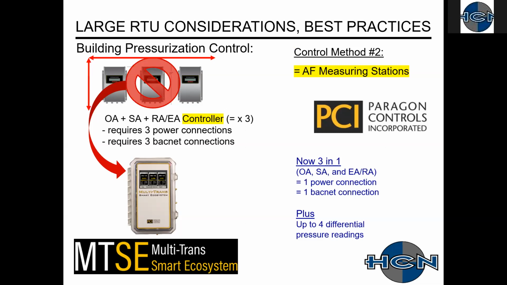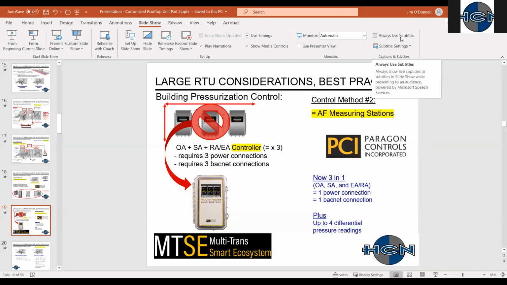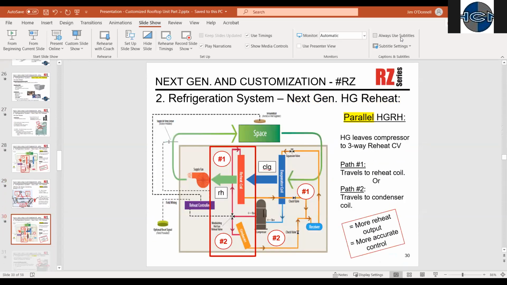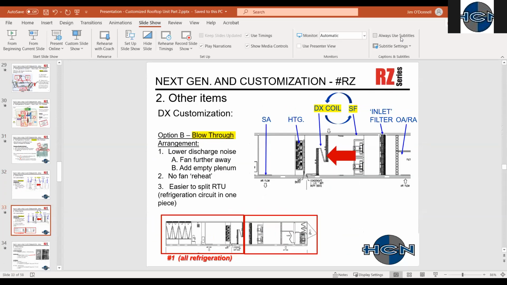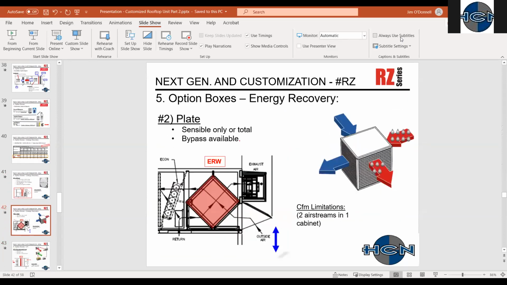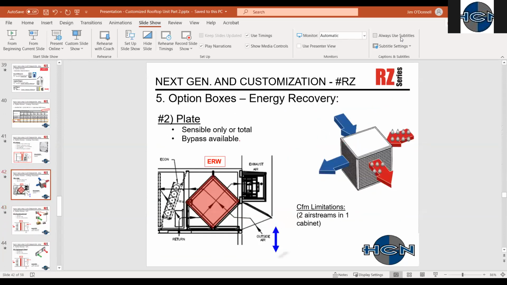Robert Mulrooney asks: I think the EU requires by code that an energy recovery device, such as a plate heat exchanger, has an inlet filter. Would this be pretty typical for these RZ series units? Yeah, we would have to have a filter prior to hitting the heat exchanger on the outside air.